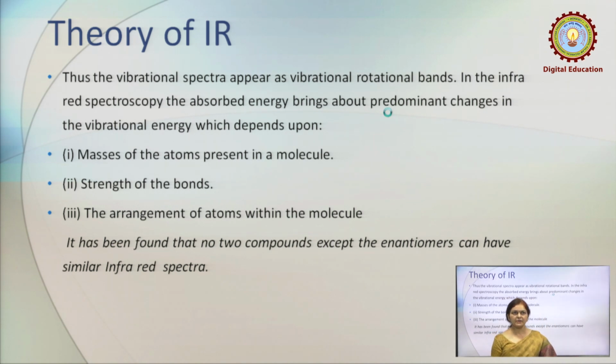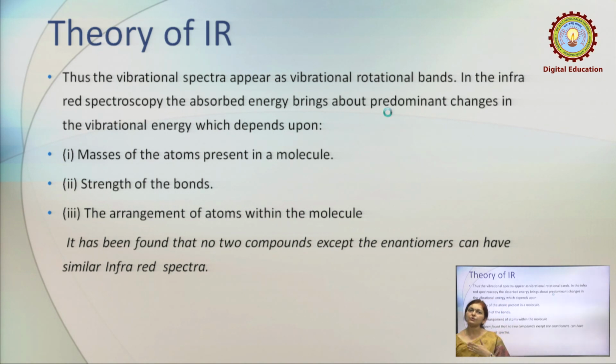In IR spectroscopy, the absorbed energy brings about predominant changes in the vibrational energies, which depend on three factors. First, the masses of the atoms present in a molecule. Second, the strength of the bond. And third, the arrangement of atoms within the molecule.